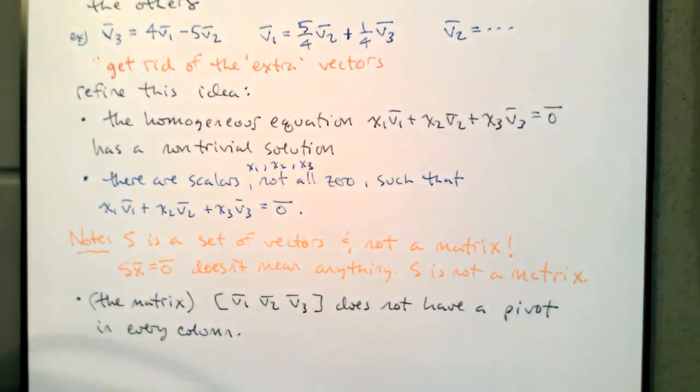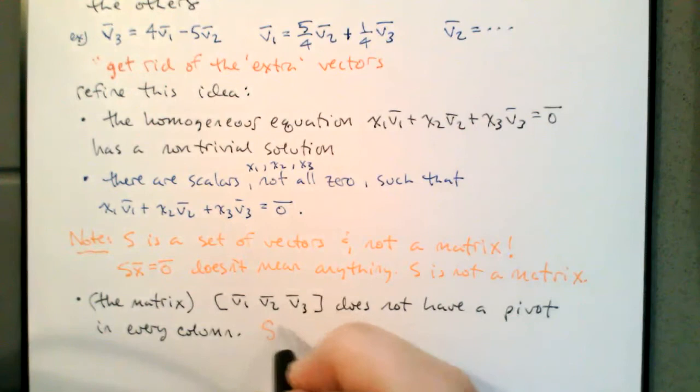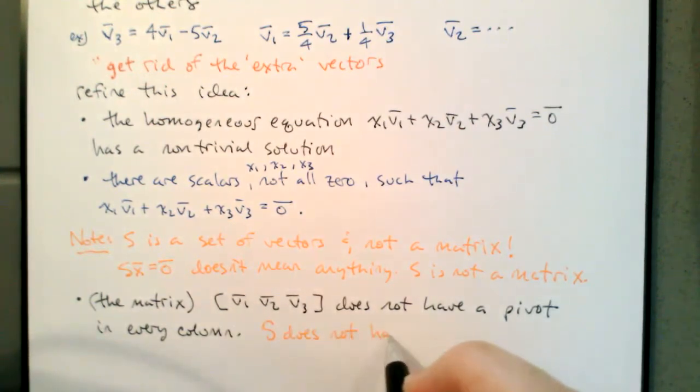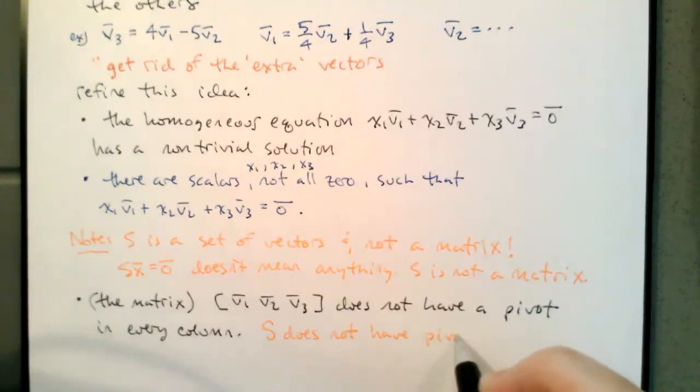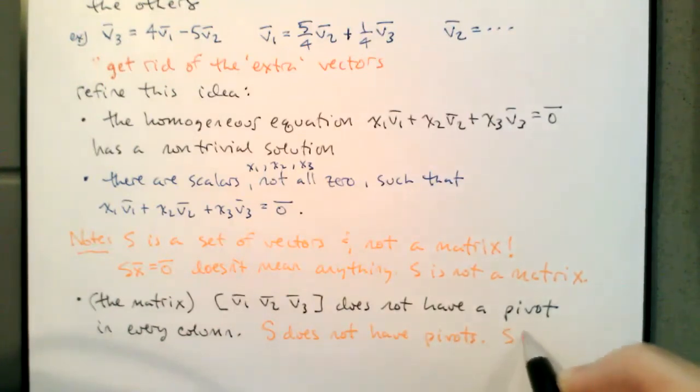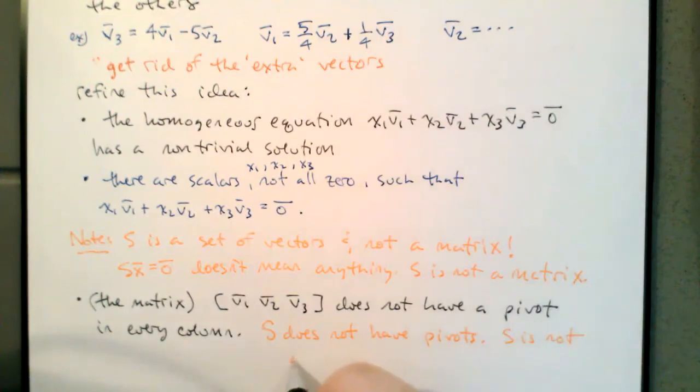And we should also note that S does not have pivots because S is not a matrix.